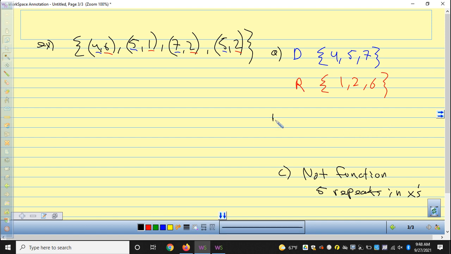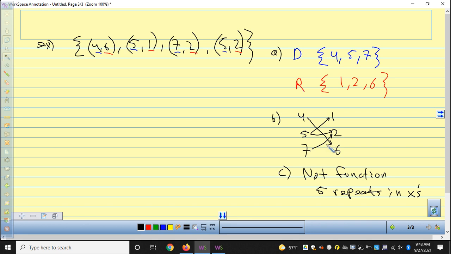And then my mapping diagram, I'm going to list these in columns. So 4, 5, 7, 1, 2, 6. And I'm just going to use arrows to show that 4 goes to 6, 5 goes to 1, 7 goes to 2, and 5 goes to 2.